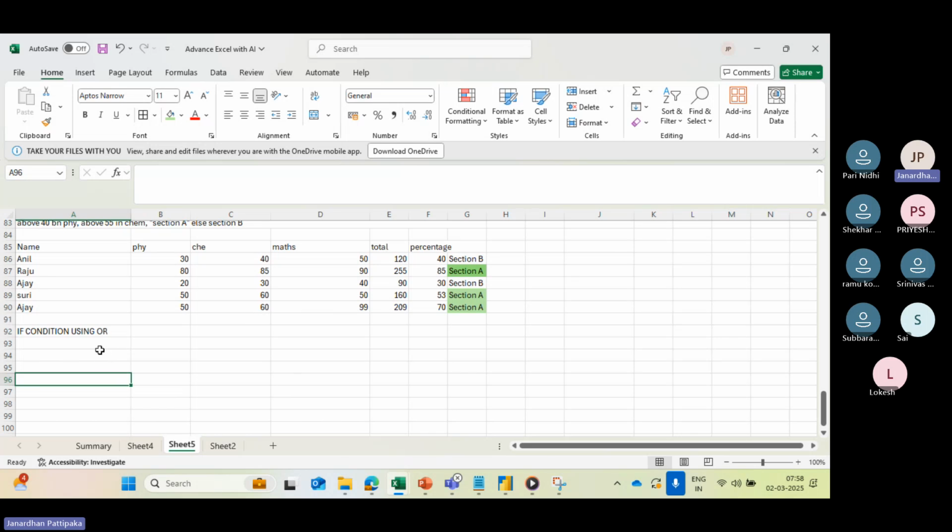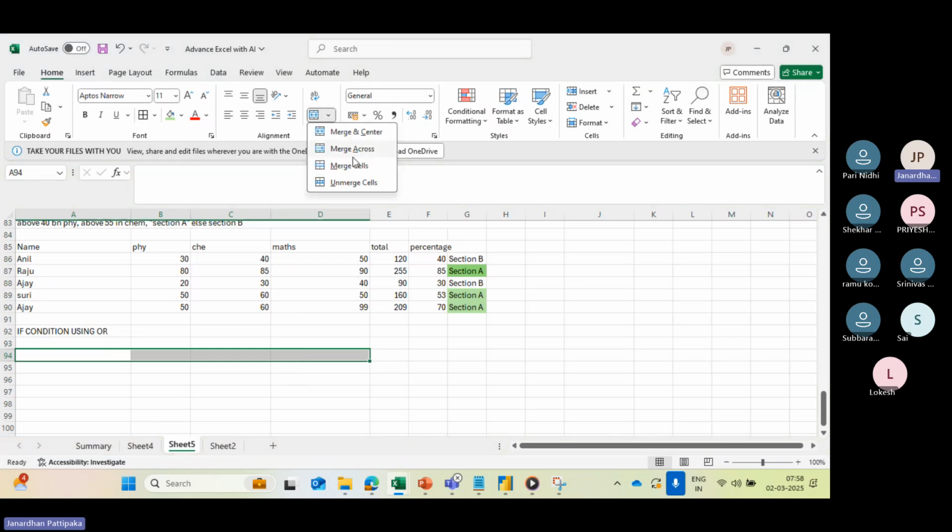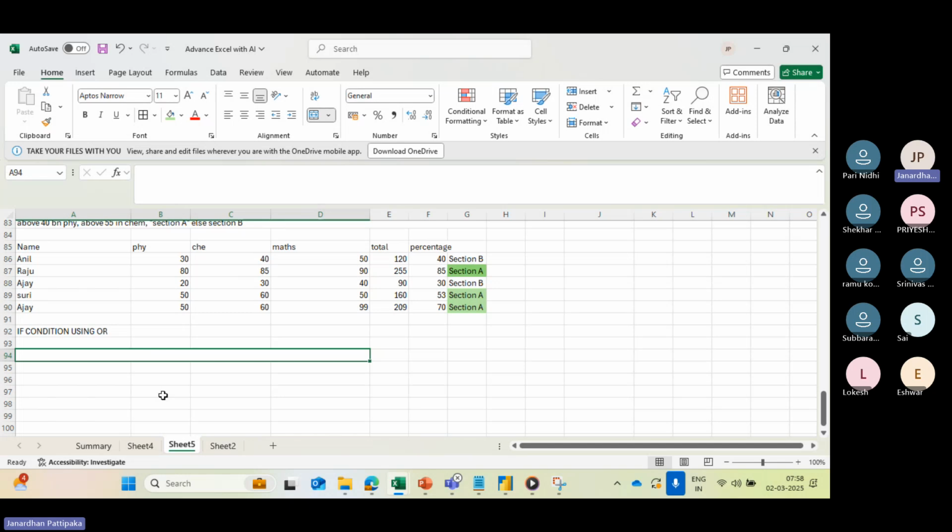Now, IF along with OR, the IF condition using OR. Now I will give you another condition. I will try to merge these cells. Now the total marks is 60%.